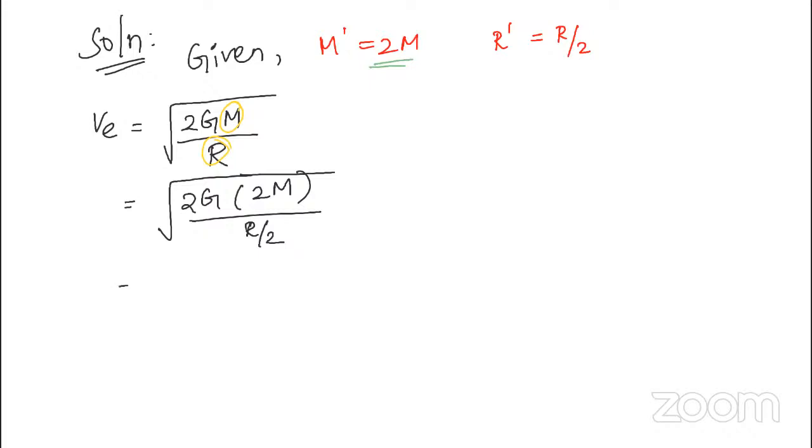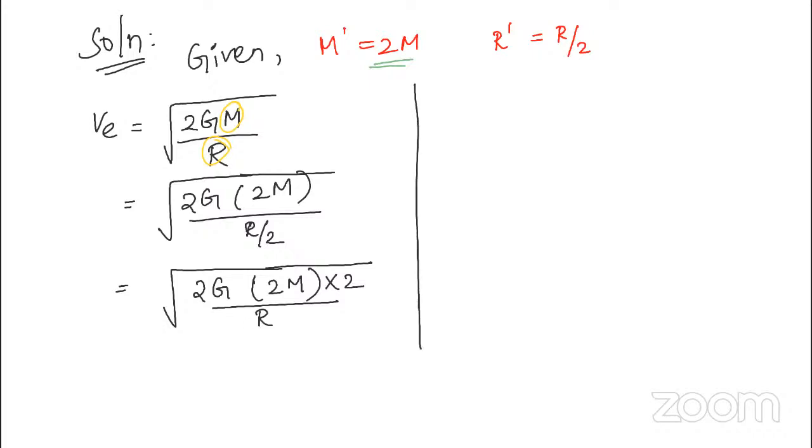So the divide by 2 we can take into the numerator, divided by r.